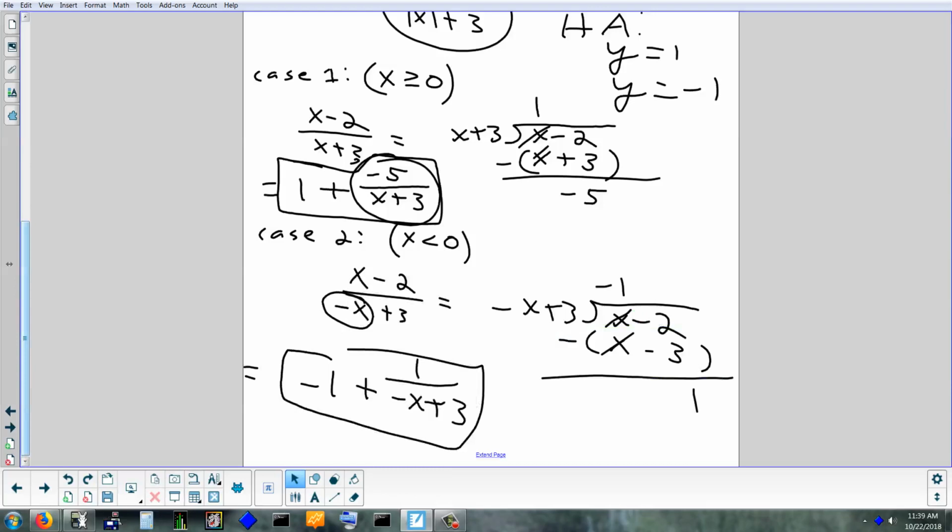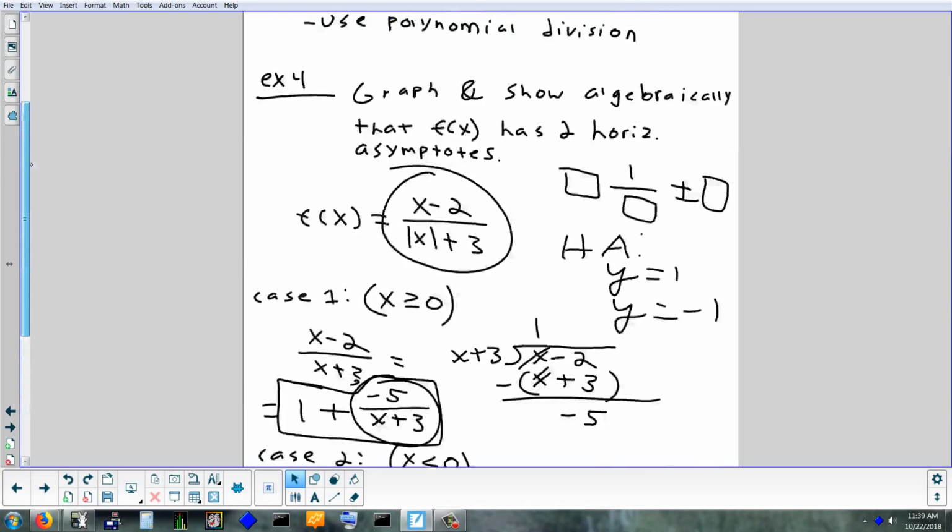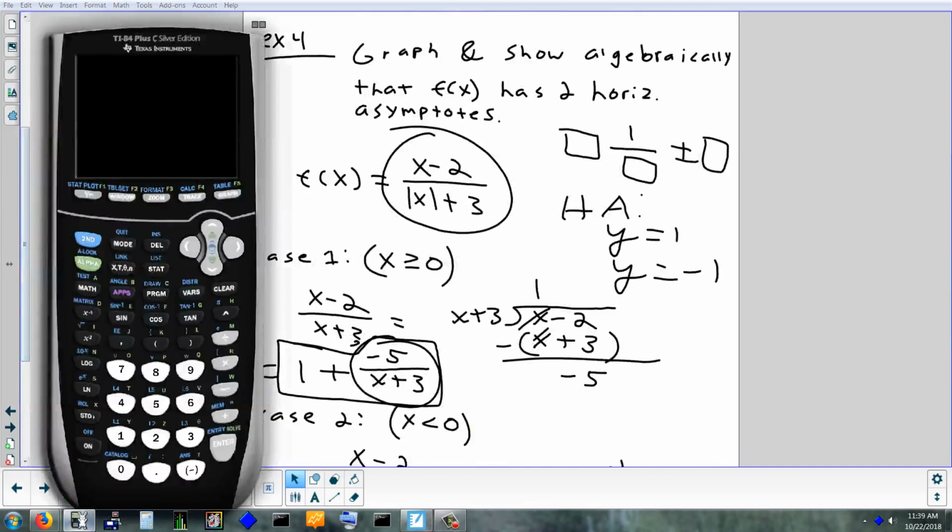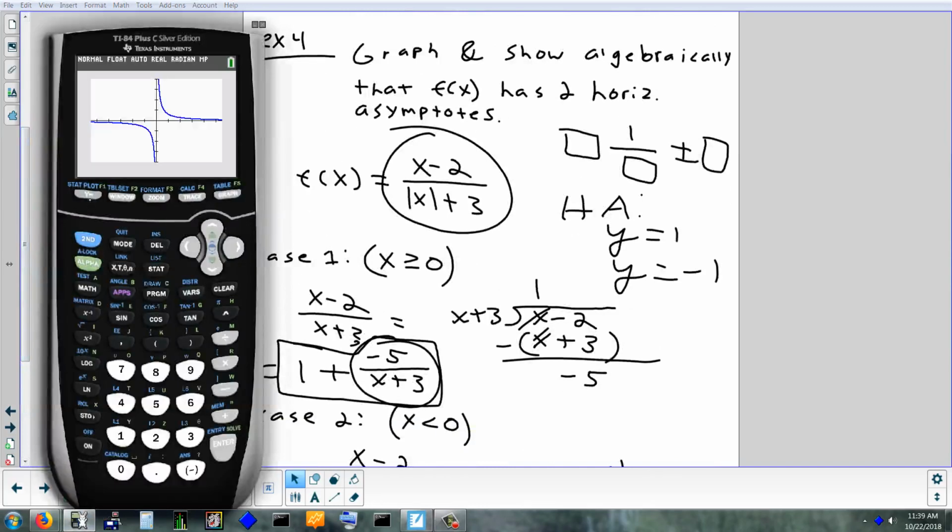Let's graph it and see what it looks like. So what that means is we're going to have a graph that's kind of sandwiched between two things. Or at least it's going to look like it's getting closer and closer to two things as you go in different directions. So we've got x minus 2 divided by the absolute value of x plus 3.